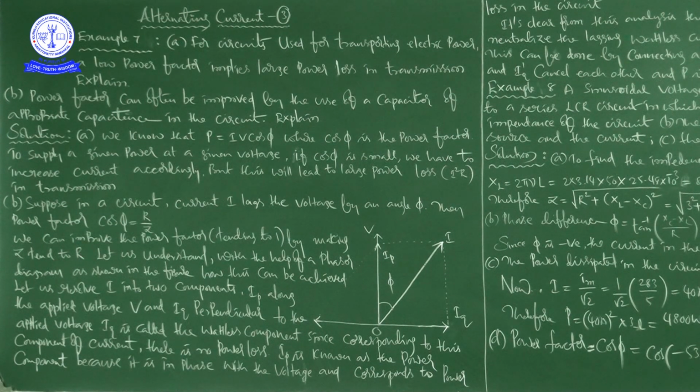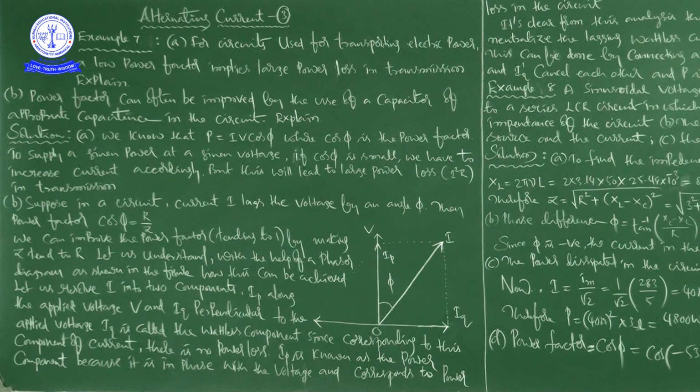Let us understand with the help of a phasor diagram, as shown in the figure, how this can be achieved. What we are achieving here is Z tends to R. When Z tends to R, we can improve the power factor tending to 1. R by R will become 1, no? That only we are expecting here. Let us resolve I into components: IP along the applied voltage and IQ perpendicular to the applied voltage.